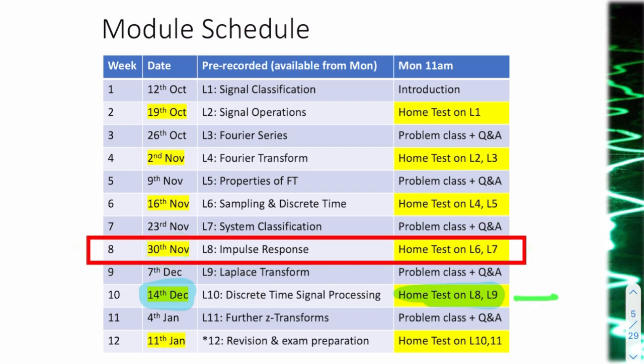So the next test is scheduled for the 14th of December, and that'll cover lectures 8 and 9. So impulse response and Laplace transform. Okay, so these two lectures will go into the next class test.